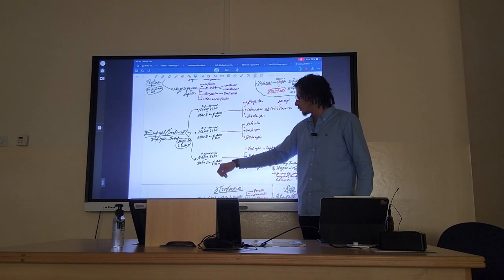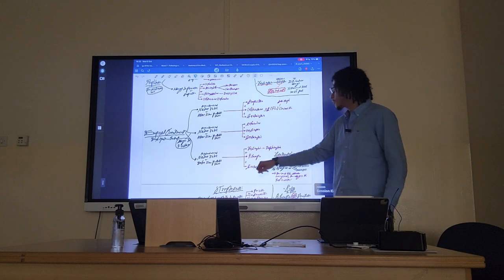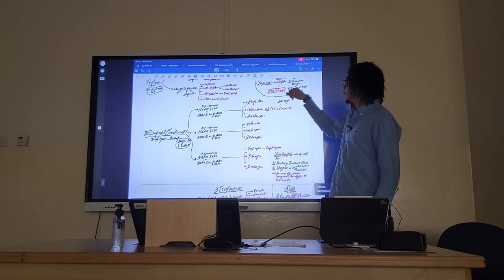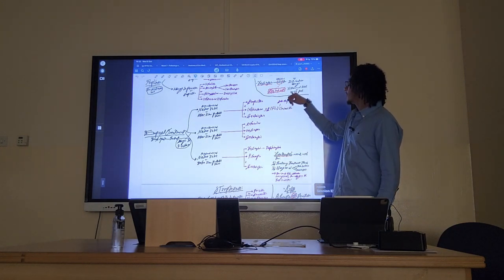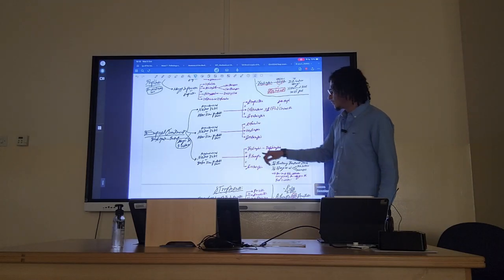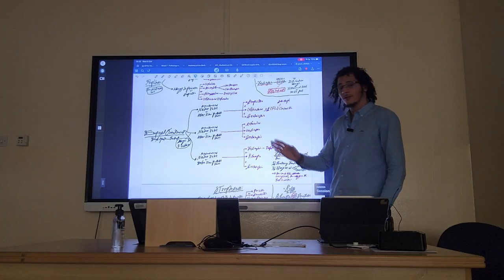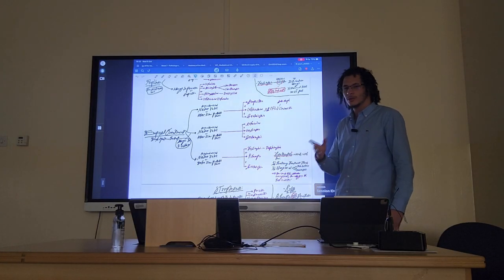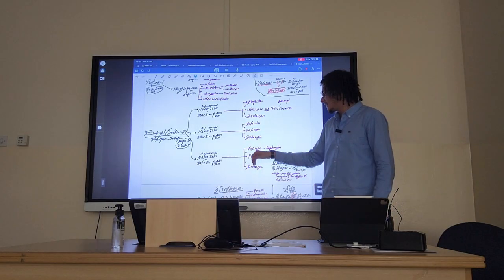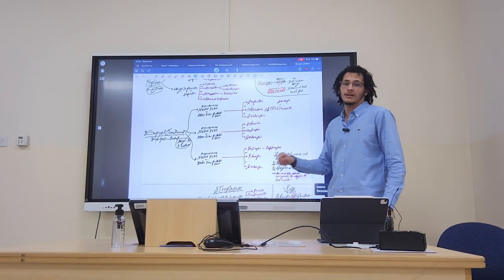And here is before 12 months, so it's considered foreign. So from the rules, nosocomial NVE or less than 12 months PVE, we would give vancomycin from the rules. It's prosthetic valve before 12 months. So what do you expect us to give? We would give rifampicin.